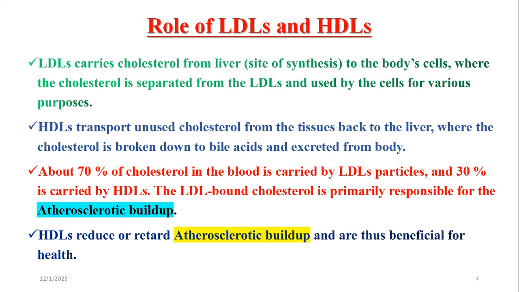About 70% of the cholesterol in the blood is carried by LDLs and 30% by HDLs. LDL-bound cholesterol is responsible for the buildup of the plaque, and this is also called atherosclerotic buildup. HDLs reduce or retard atherosclerotic buildup and are thus beneficial for the health.